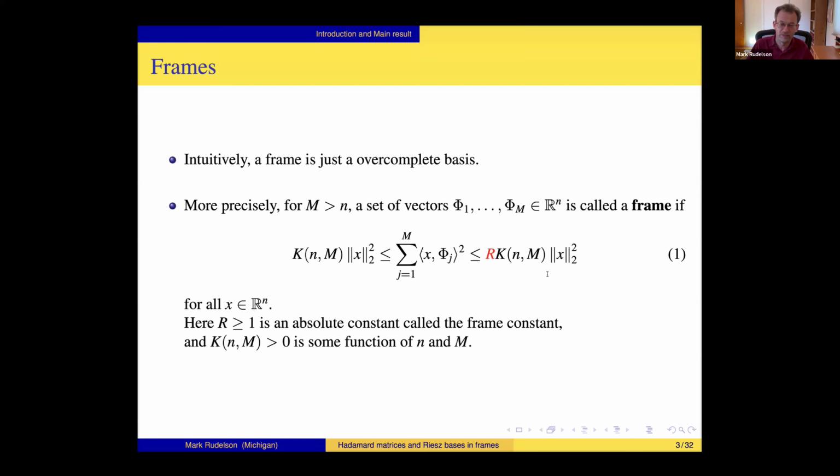And of course, the frame is good if this r is close to 1. Say, if it is of the order of 1. In all this game, we assume that the dimension n and the number of framed vectors m are large, and r is some bounded constant.